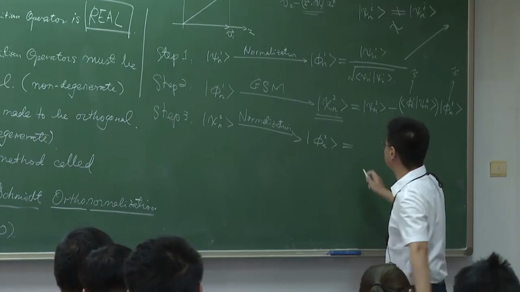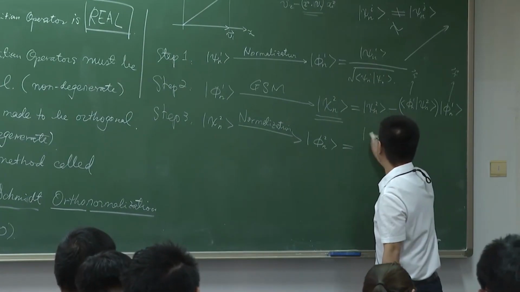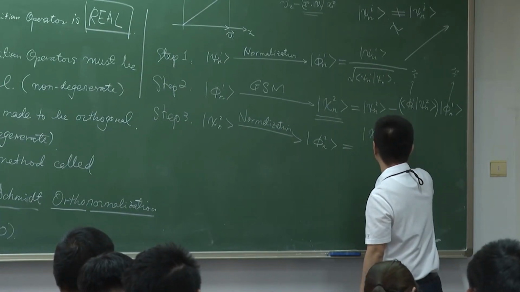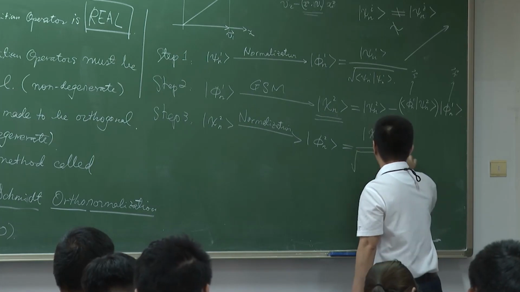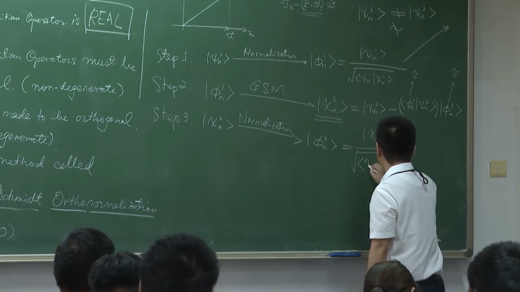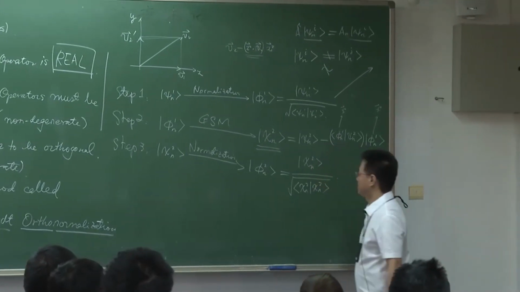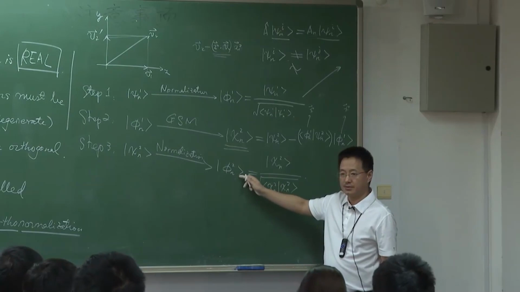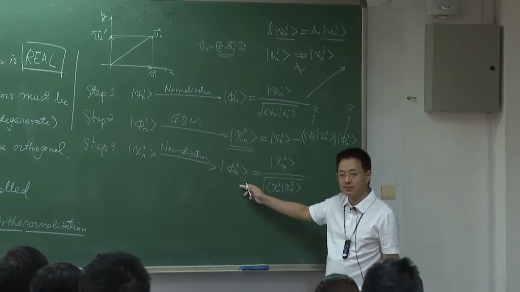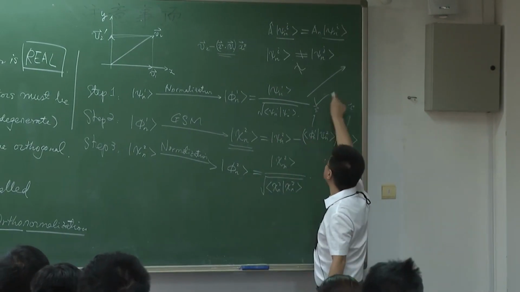The normalization is the same as this. You have chi n2 over the square root of bra chi n2, chi n2. So you got the normalized vector for this. That's the second eigenstate. This is the first, this is the second.